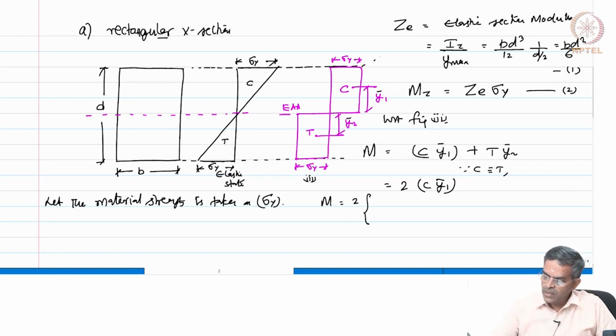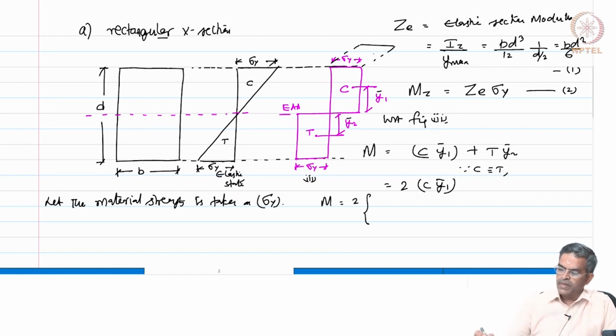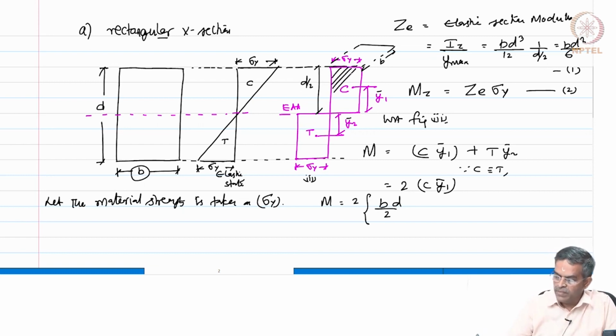You know here the breadth of section is B, is it not? So, B and D by 2, because this is D by 2, am I right? So, I am looking at this area now.